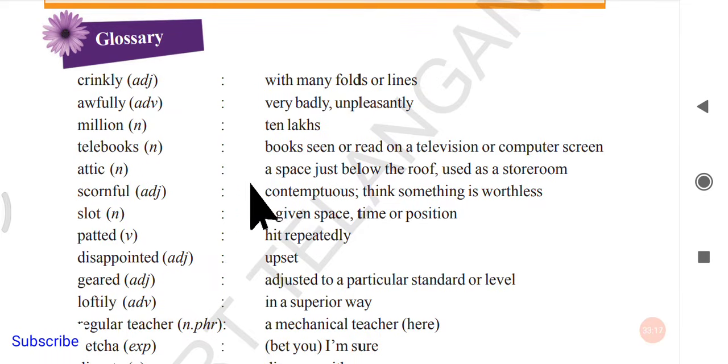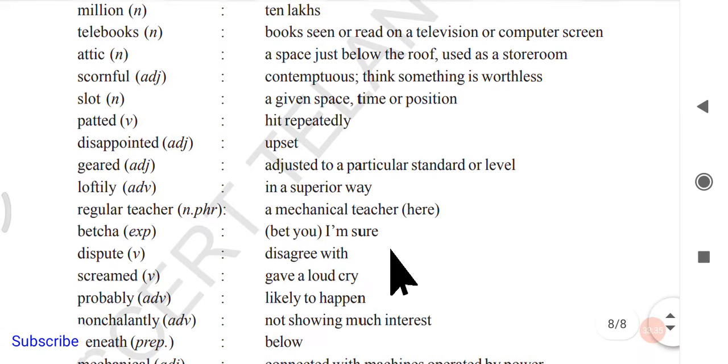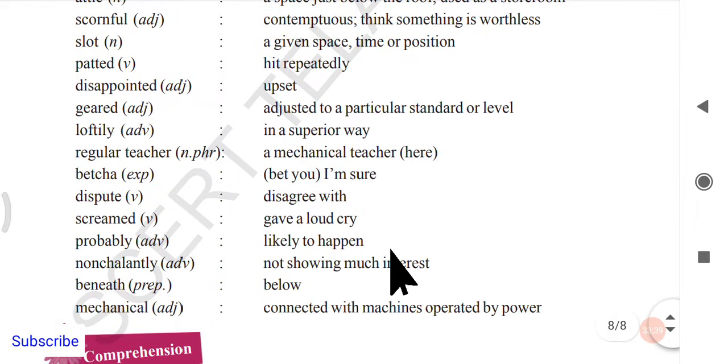Next, attic: a space just below the roof used as a storeroom. Scornful: contemptuous, thinking something is worthless. Slot: a given space, time or position. Patted: hit repeatedly, just like tapping. Next, disappointed: upset. Geared: adjusted to a particular standard or level.